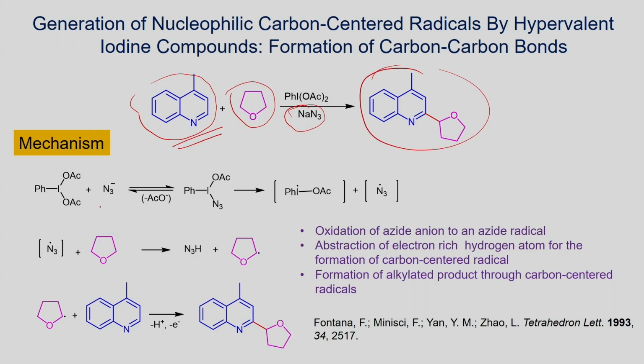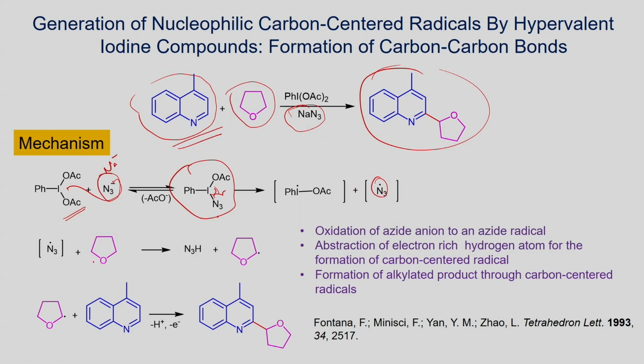In this, as you can see here, just as we have seen, this iodobenzene diacetate can react with the N3 minus by nucleophilic substitution. You can form this intermediate. Once you form this one, this now can convert into, you can see here, an azide radical.